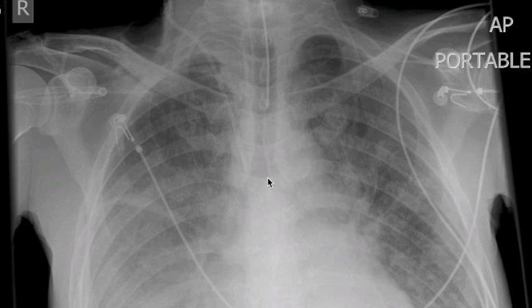So the carina is here, here's the endotracheal tube. Sometimes it can be difficult to visualize the carina, so another trick you can use is the vertebrae. The endotracheal tube should be sitting between T2 and T4. Where the first rib comes off, that's T1, T2, and here's T3 and T4. So you want the endotracheal tube to be between T2 and T4.